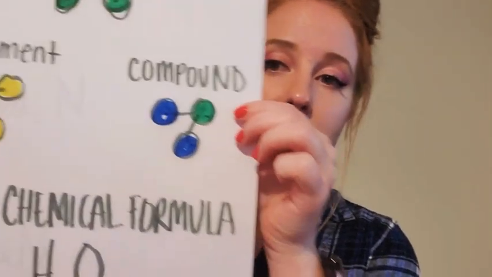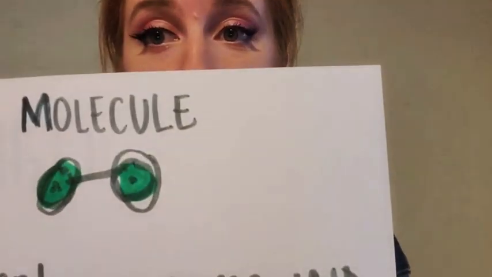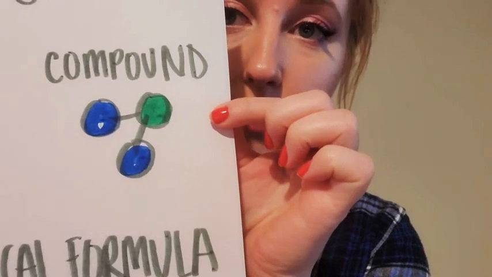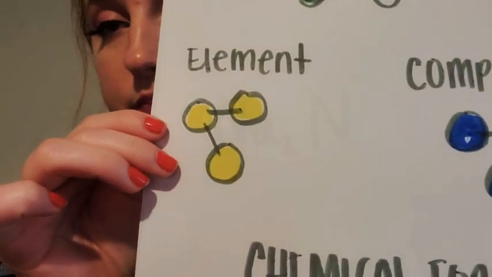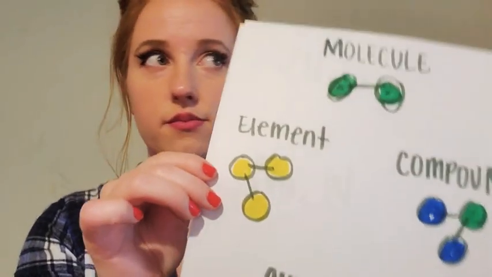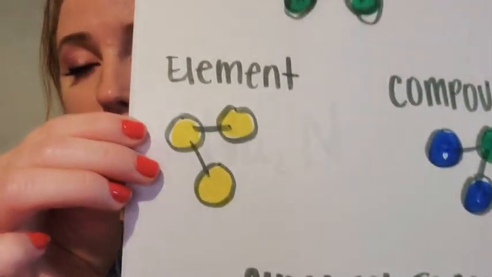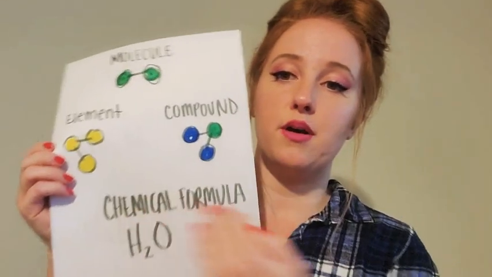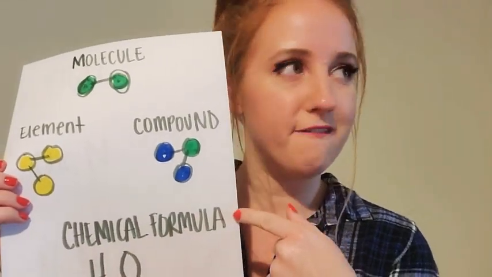I could have two hydrogen atoms and one oxygen atom, and they bind together and form a compound. Still a molecule, but now it's a compound. If it's just one element like gold, iron, or pure oxygen, we still have a molecule, but it's just the element.